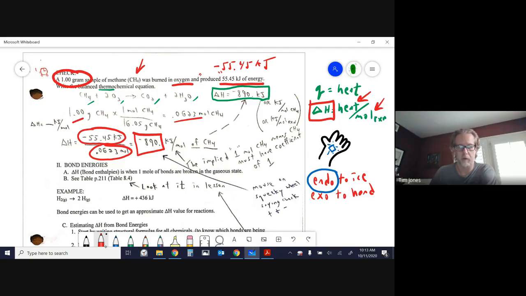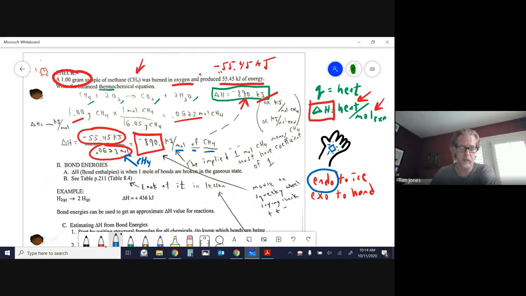And then I wrote it up here as my answer right there. Now, regarding units again, if you write this over here, kilojoules, that makes sense because it's per mole of CH4. This here, that's the moles of CH4. And so we could say kilojoules per mole of CH4, like I have here.